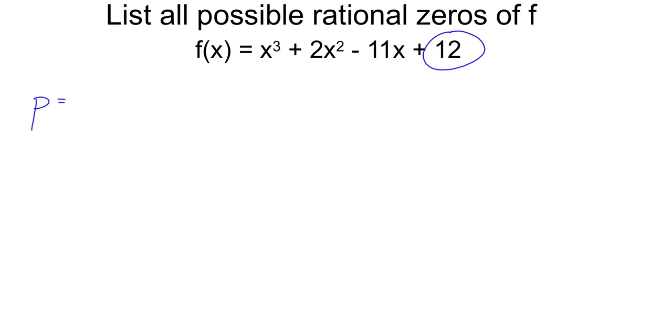So what are all the factors of 12? 1, 2, 3, 4, 6, and 12. Good, because 2 times 6 is 12. What about negative 2 times negative 6? Still 12. So all of these are going to be plus or minus.